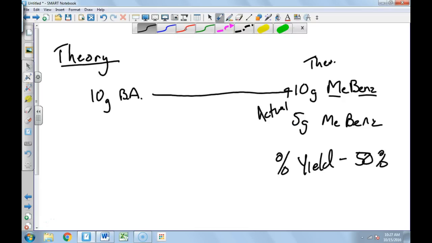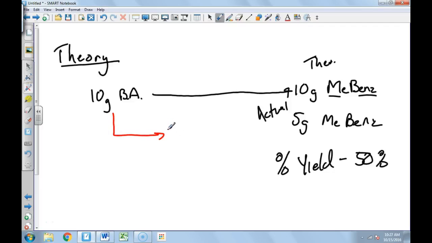Well, now instead of saying we were supposed to make 10 grams of methyl benzoate, what if we paused this and we said, hey, you know what? We actually recovered 2.5 grams of benzoic acid from our material.